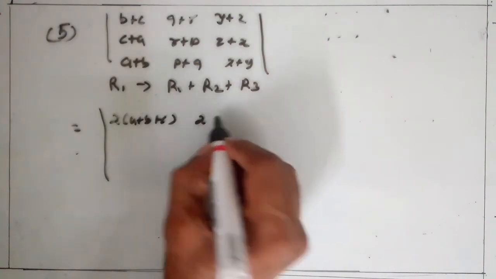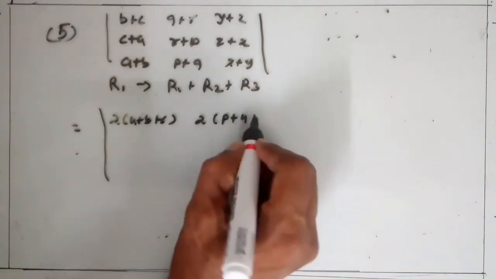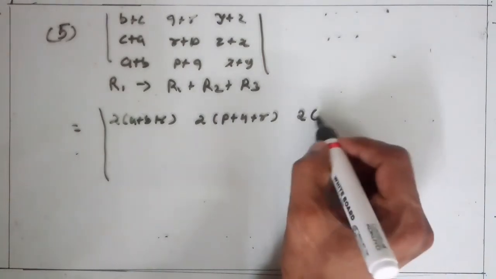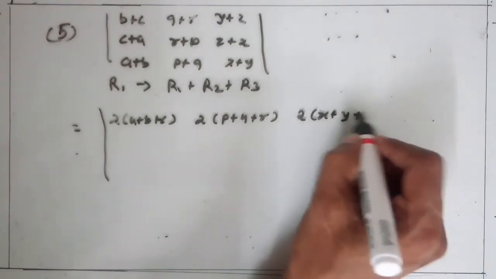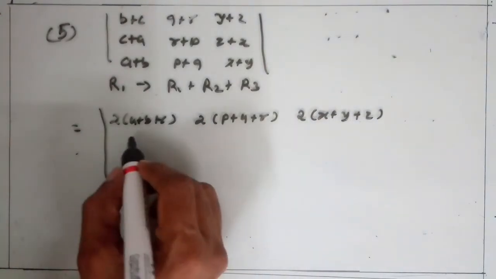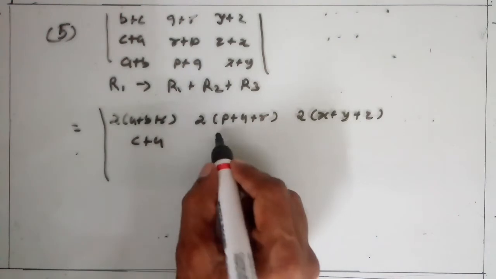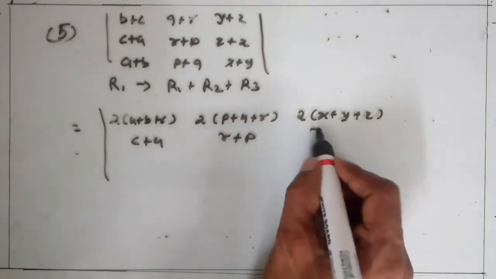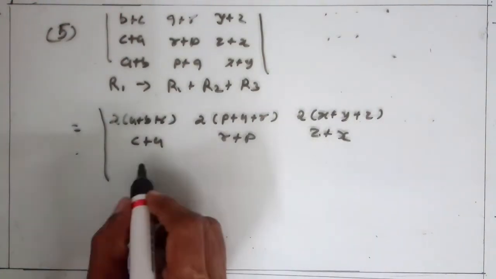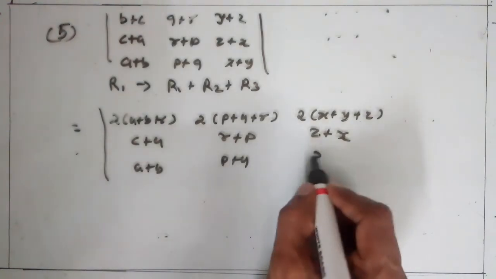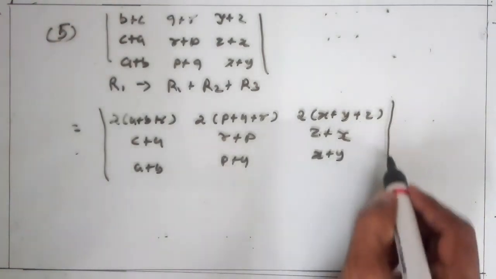Similarly here we get 2 into P plus Q plus R. Okay. Here in the last, 2 into X plus Y plus Z. Okay. And the remaining rows same: C plus A, R plus P, Z plus X, A plus B, P plus Q, and X plus Y.